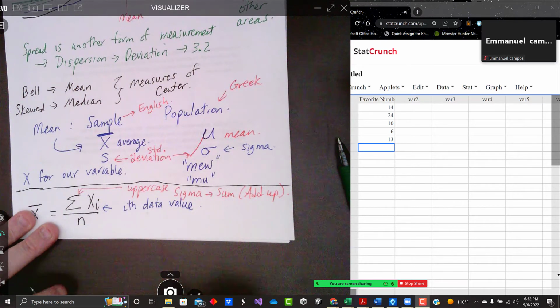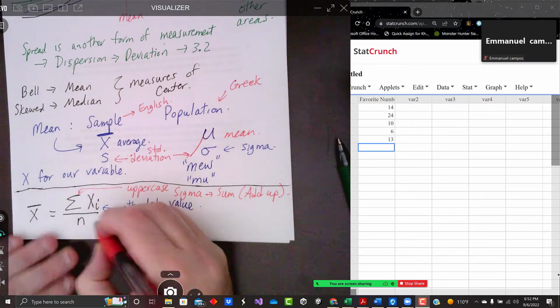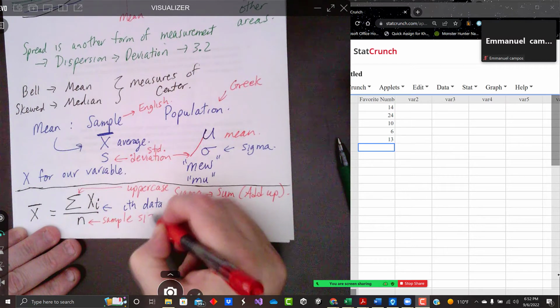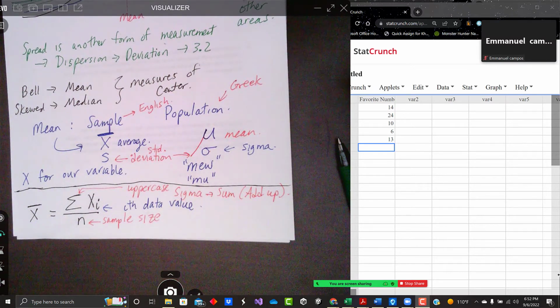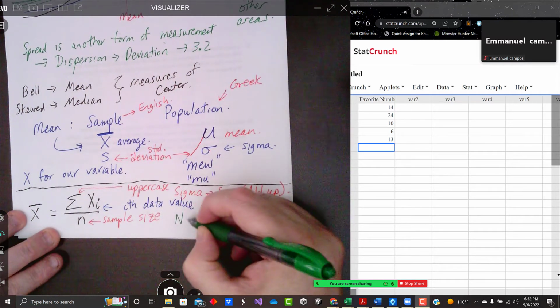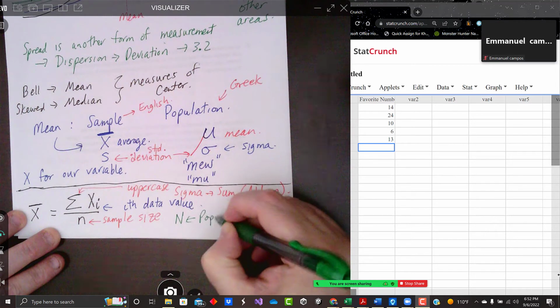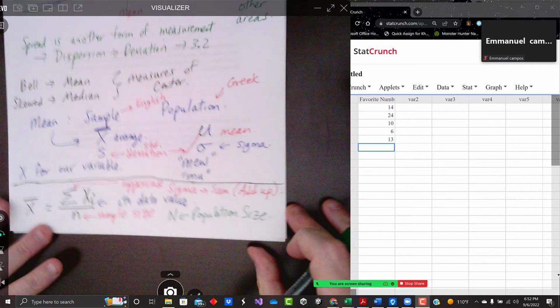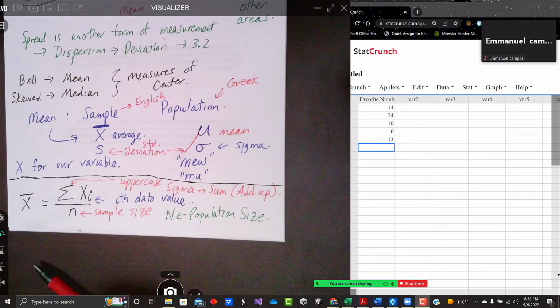And n is reserved for sample size. Lowercase n is sample size. Uppercase N is population size. We don't shift to a different letter for size when we go to the population. So let me show you what that means using our favorite numbers.